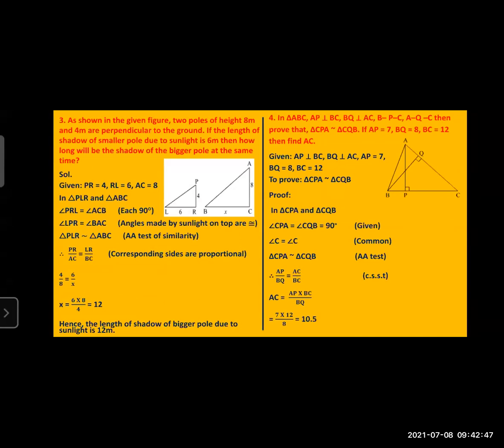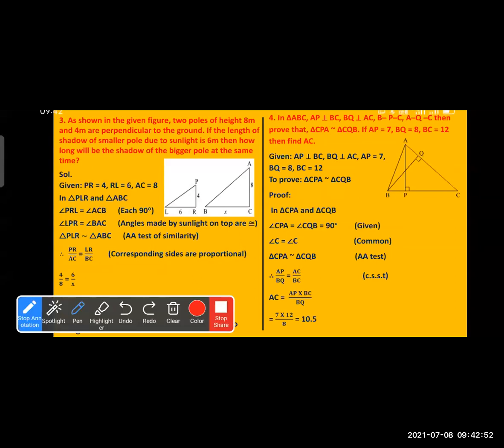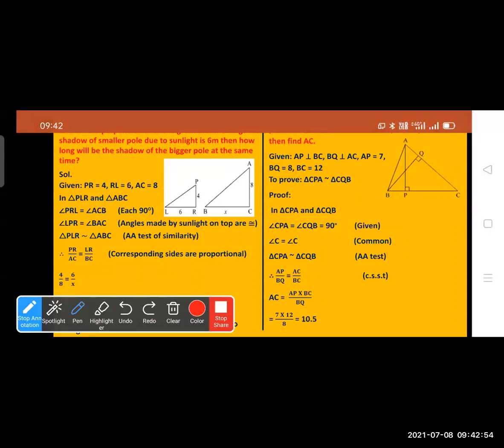In this question, perpendicular condition is given. If the one line is perpendicular, that means it makes a 90-degree angle here. So first we take two triangles, CPA and another one is CQB. Two triangles. This angle P is 90 degrees and Q is 90 degrees. And second, C is common in both the triangles.